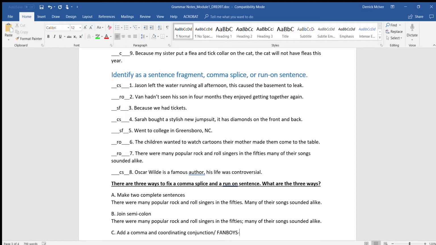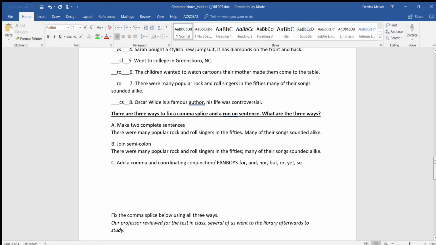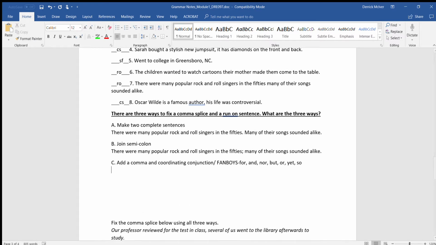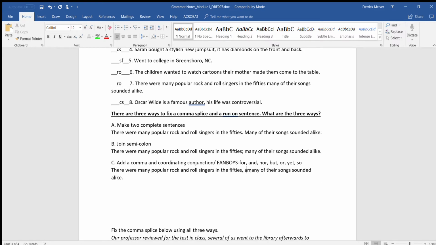So fanboys stand for: for, and, nor, but, or, yet, and so. These fanboys are coordinating conjunctions, and when combined with a comma, they form a compound sentence, which is the correct way to write a sentence. There are many rock and roll singers in the 50s, and many of their songs sounded alike. Okay?